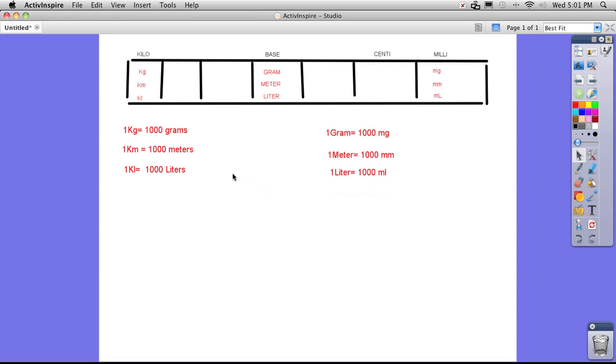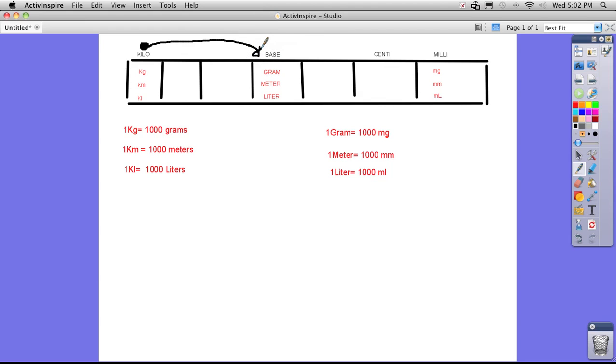All right, so here's how this works. The knowledge that you should sort of have in your memory, if you can, is that 1 kilogram, we'll get out our pencil here, 1 kilogram equals how many grams? Well, it's 1,000 grams, and now here's how that works. We're here at kilo, we have 1 kilo, and we're going all the way here to our base, okay?